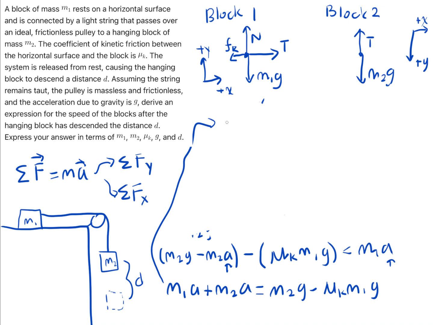And then we can factor out the a's from the left side, and factor out the g's from the right side. You don't have to factor out the g's, but it does make it slightly more compact.